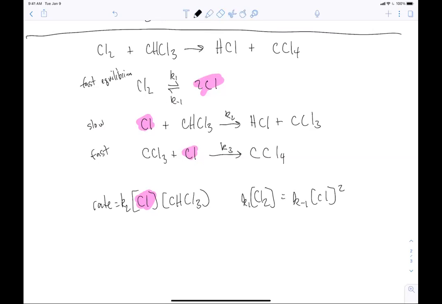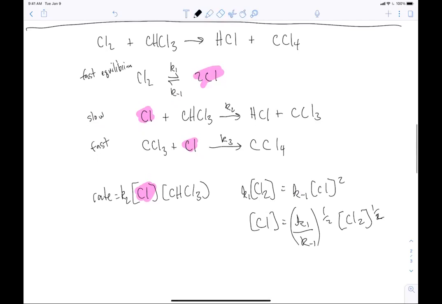And then we just want to solve for Cl. You end up with this kind of weird expression, where you actually have a square root for one of the concentrations.